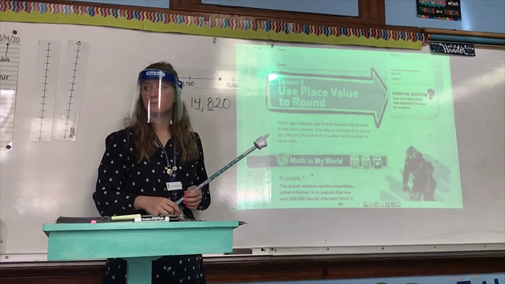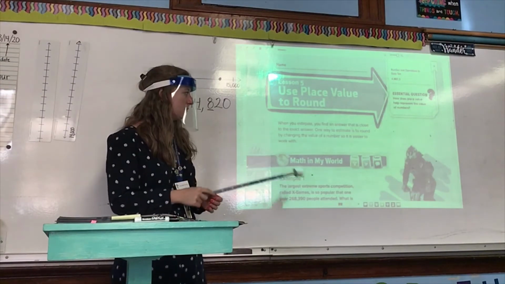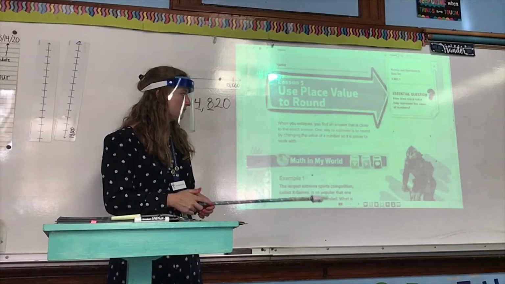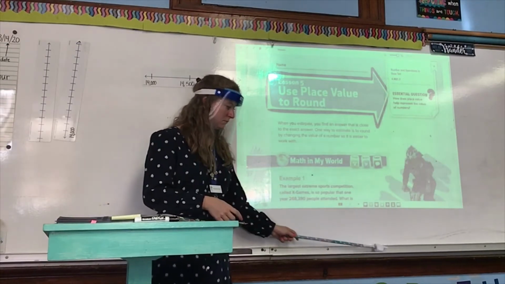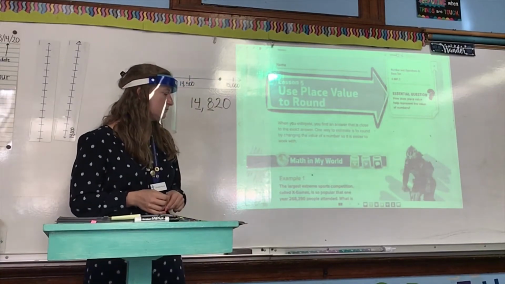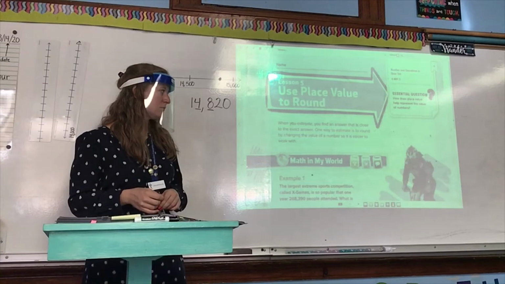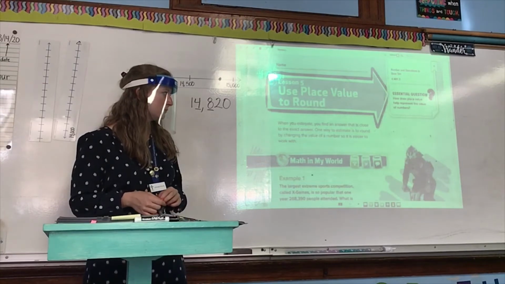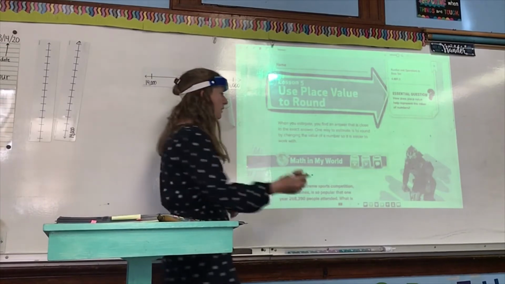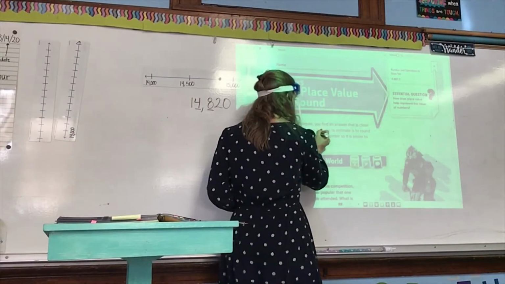When you estimate, you find an answer that is close to the exact answer. One way to estimate is to round by changing the value of a number, so it is easier to work with. Go ahead and underline that last sentence.